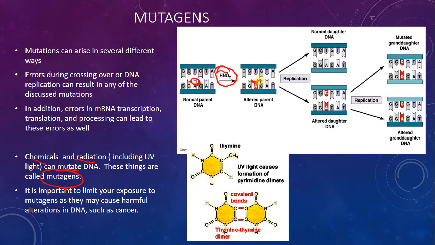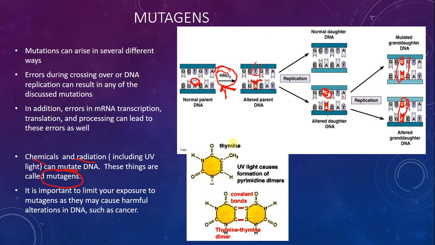So, when replication occurs, we get a substitution of this T to a C. And on the other side, when it's replicated again, we get a complete mutation. So now we have a substitution mutation that came from the exposure to this mutagen.